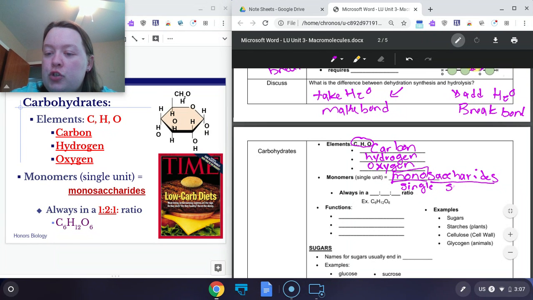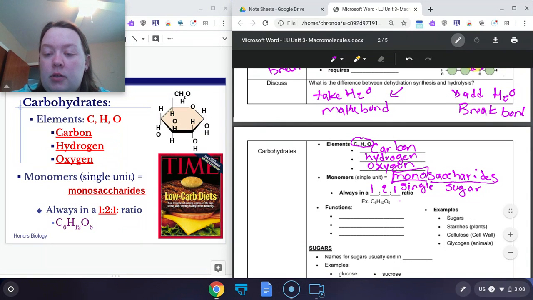Saccharide means sugar. So a monosaccharide is a single sugar. And the cool thing about monosaccharides is the breakdown of the elements found within the carbohydrate. They're always found in a 1 to 2 to 1 ratio.